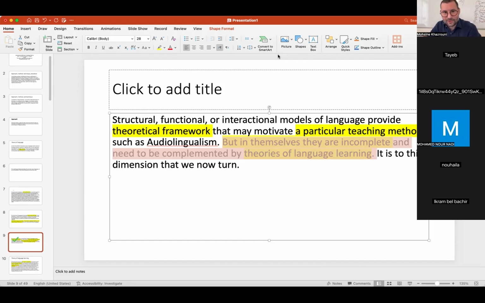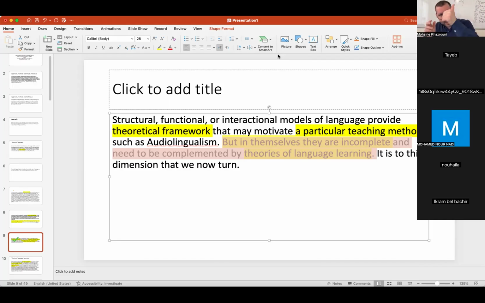Then we don't have a communicative aspect here. Having a dialogue doesn't mean it is communicative. I can see some students learning French just repeating, memorizing without understanding, and here it's not communicative.